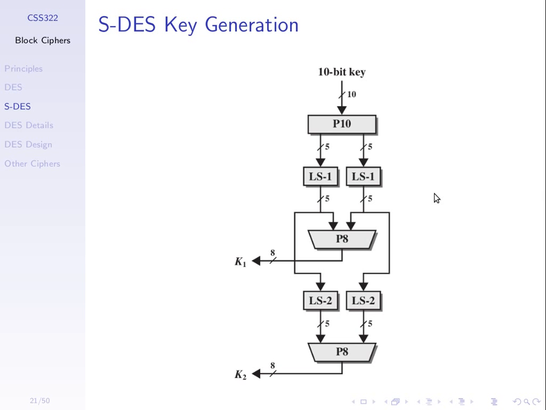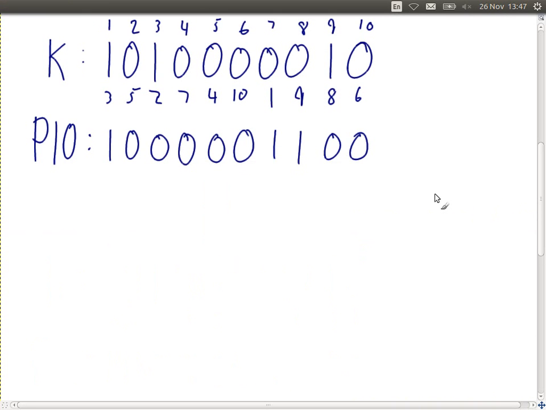So the 10 bits that come out, we're at this position. We treat them as 2 halves and do a left shift on each half. Left shift by 1 position. So you split them into 2 halves now.